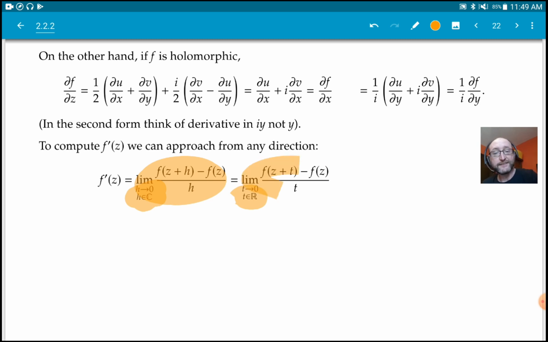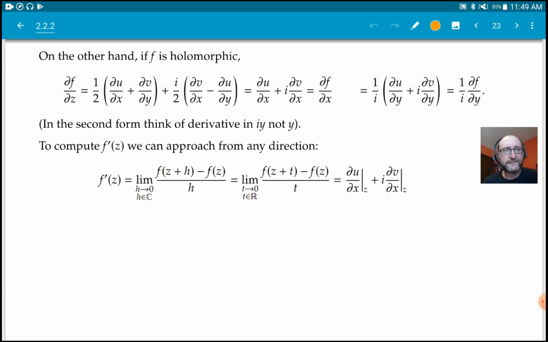The existence of this limit doesn't imply this, but the existence of this limit implies the existence of this limit, and that they're equal. Now, what is that? If I'm moving along the real axis, that's just adding to the x, moving the x around. So that's precisely this guy over here, so I have the x derivative with respect to z.